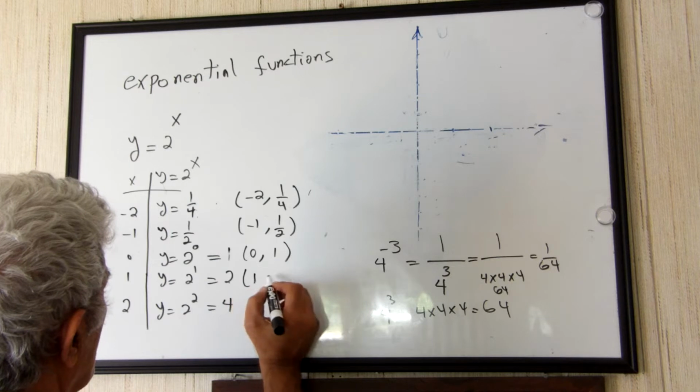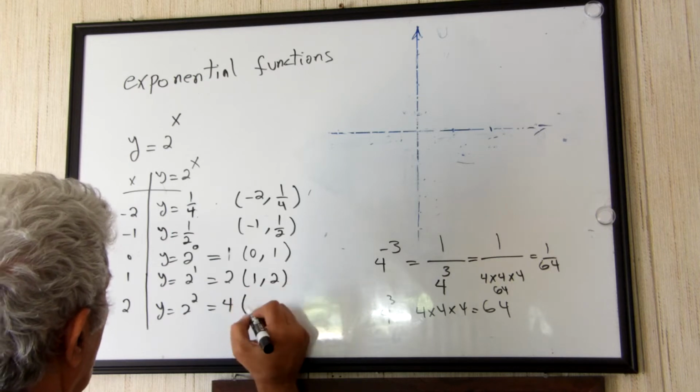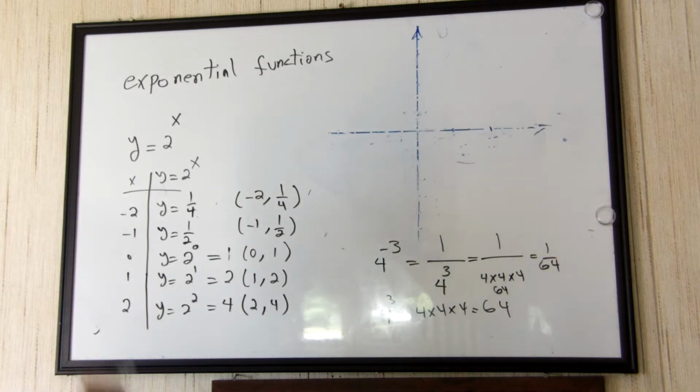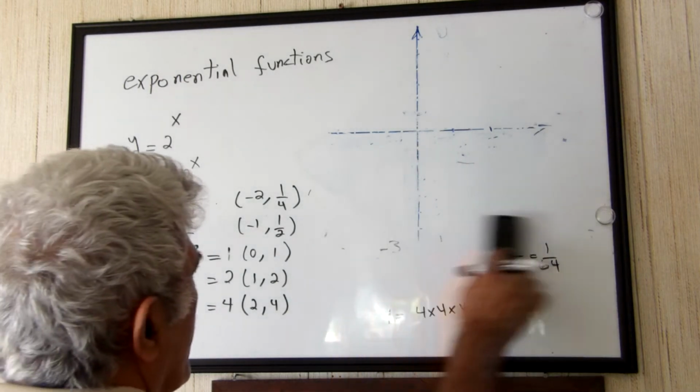If x is 1, y is going to be 2, and if x is 2, y is going to be 4. So let's graph it, because we have the points, now we can graph it.